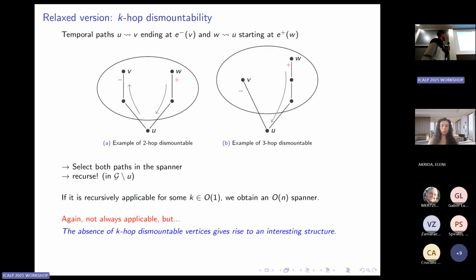Again, this is not always applicable, but the absence of this kind of vertices gives rise to an interesting structure.